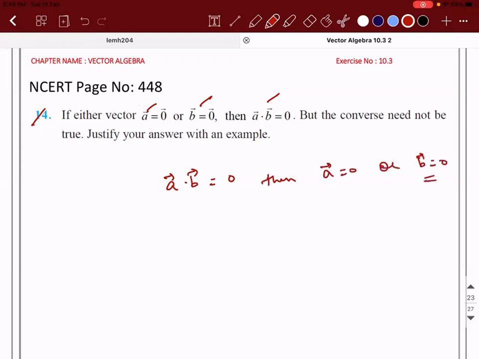It is not possible, because even if both are non-zero, cos 90 might make the dot product 0. a dot b can be 0 just because they are perpendicular to each other. So the converse is not true.